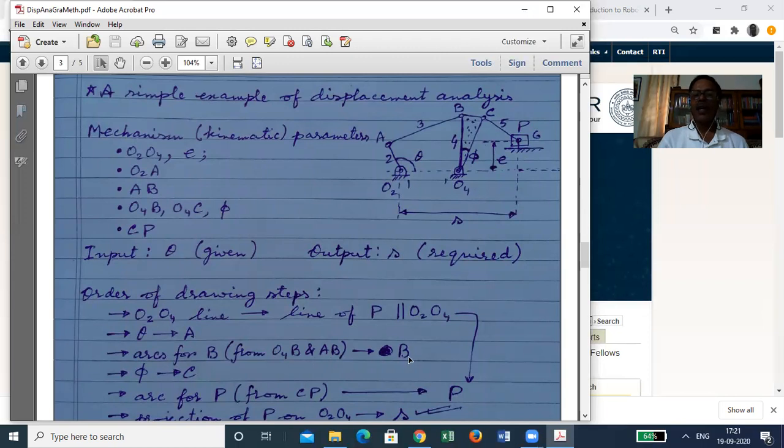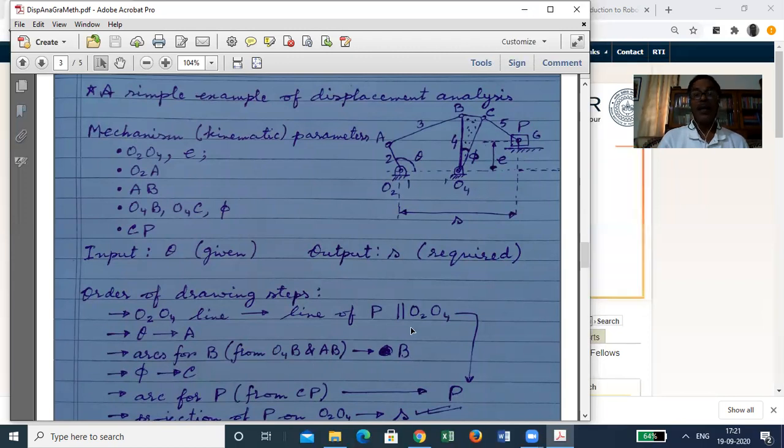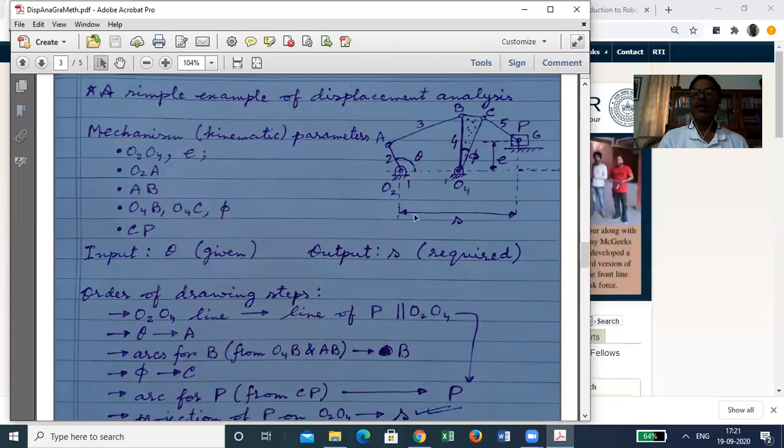They cut and give you B. And here you have to figure out whether to take this point as B or this point as B, because these two arcs will cut at 2 points which are mirror images of each other about the mirror line AO4. So hopefully you will have your sense proper to select the correct point B.